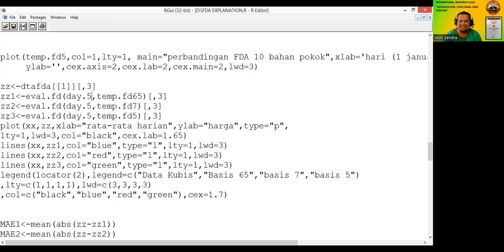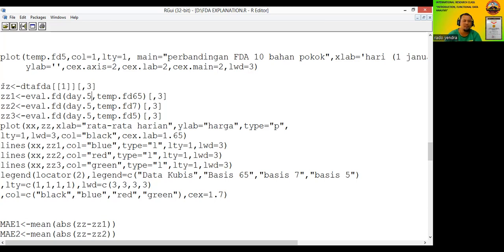And ZZ3 is the daily average price produced by the Fourier series function with the 5 bases. So we can make a comparison. Which one is the best? Of course, the one very close to the real data, the real daily average price for the potato.